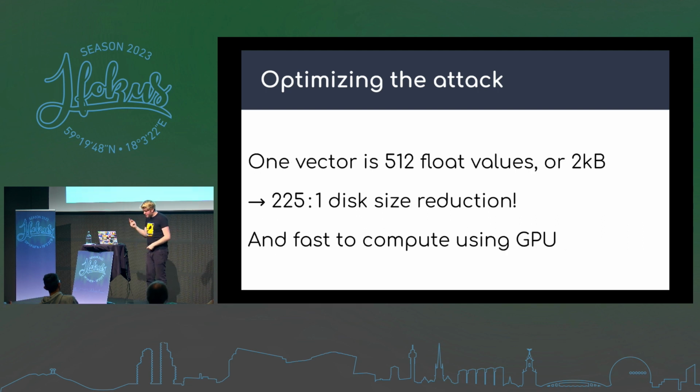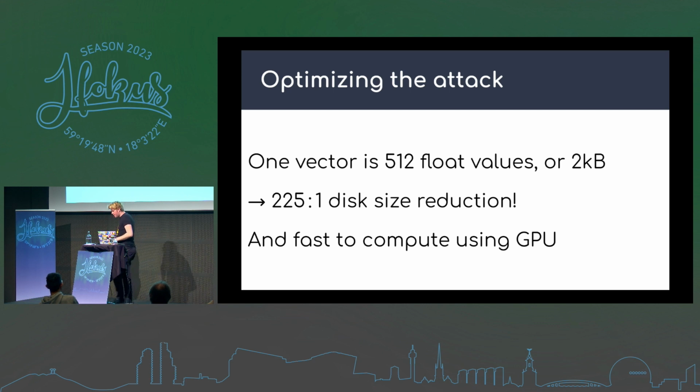So this is very good because now, instead of storing the image, we are just storing the vector. We are just storing the visual hash of the face. This is 2 kilobytes, so we have more than 200 times disk reduction. So what we used to store in almost a year, we can store in the same volume for a single day that we use before.